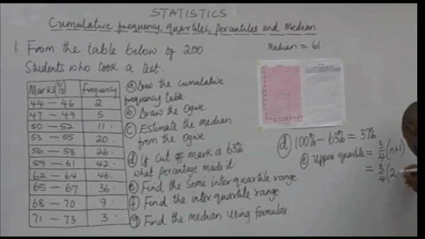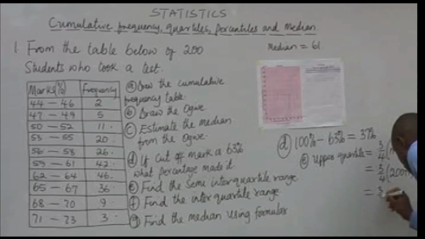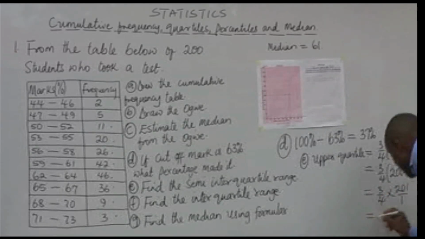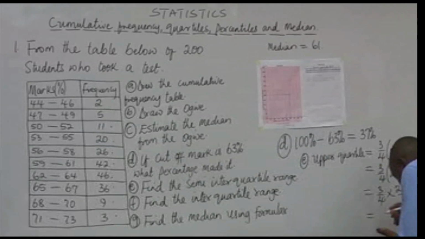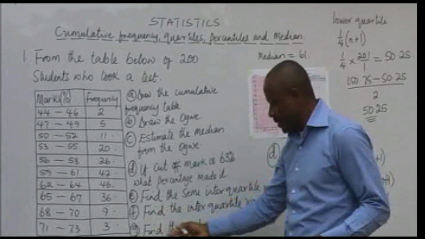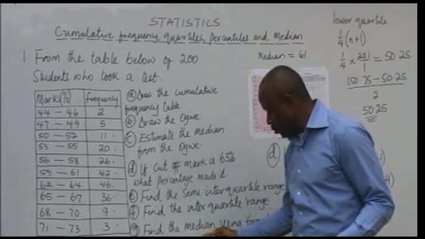So we have 3/4 times 201/1. Let's use our calculator and get this. It's giving me 150.75.